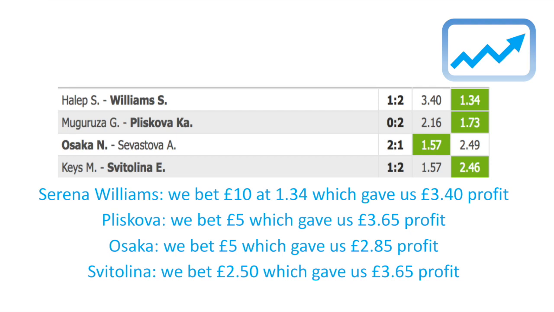With Naomi Osaka, who actually went on to win the Australian Open, against Sevastova, she had a starting price of 1.57, which means of course we place a 5% stake, which again with our £100 trading bank is £5. And this gave us a profit of £2.85.